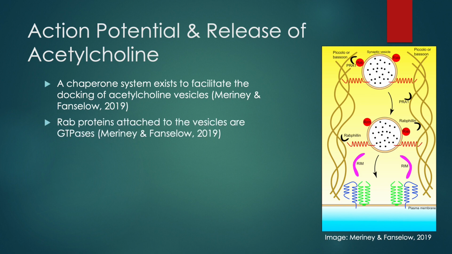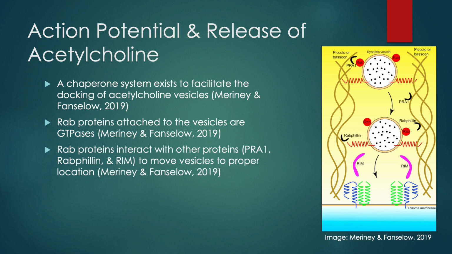RAB proteins attached to the vesicles are basically GTPases, connected to the actual vesicle, and then RAB proteins interact with other proteins such as PRA1, Rabphilin, and RIM, and they move the vesicle to the proper location where it's eventually going to release the acetylcholine through exocytosis.